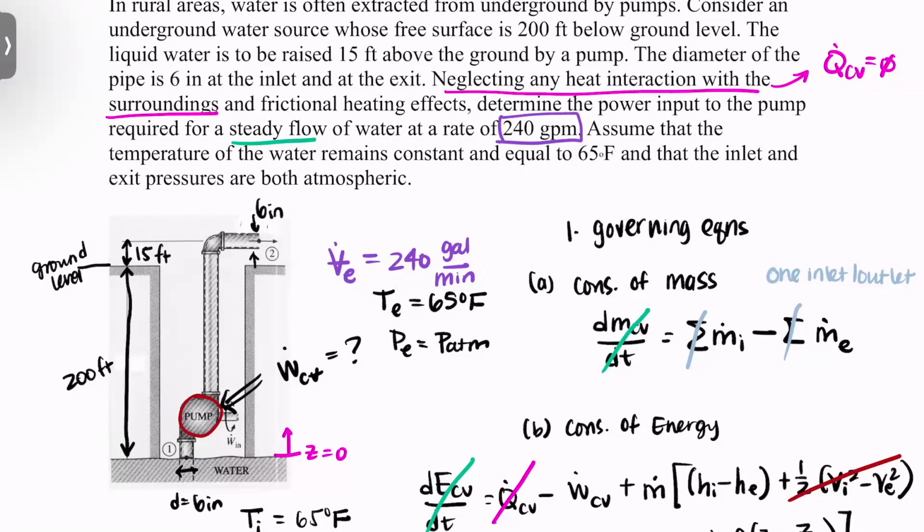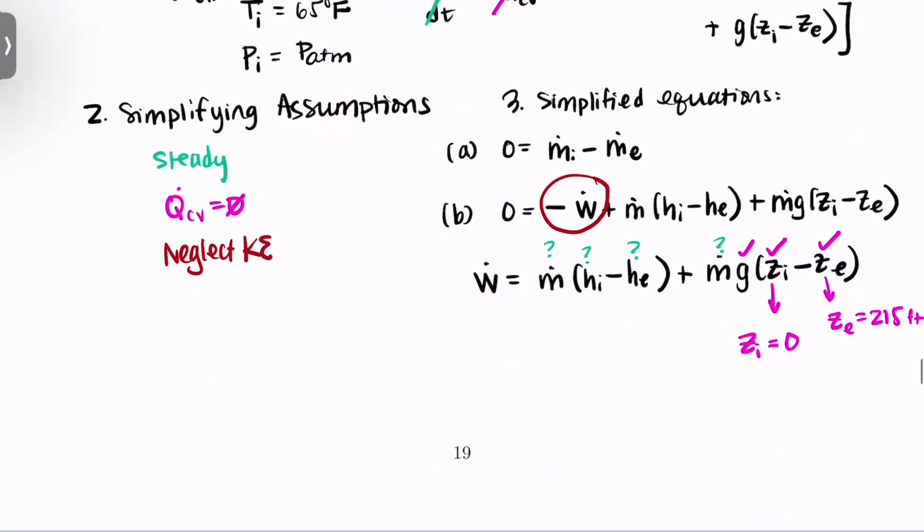We're given volume flow rate, right? So volume flow rate is related to mass flow rate. So we're given V dot, but M dot is equal to V dot divided by the specific volume, right?